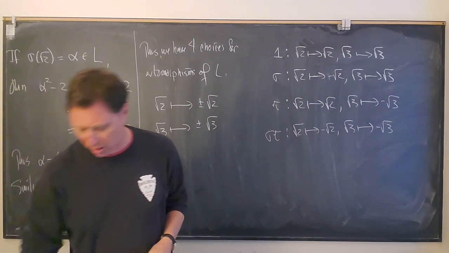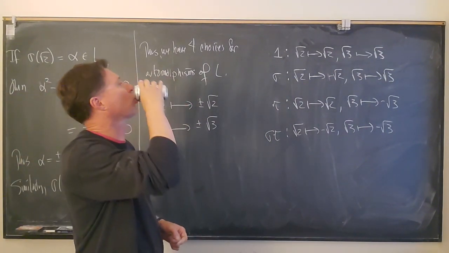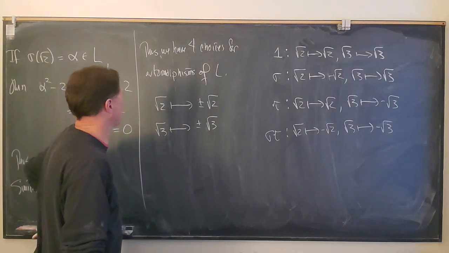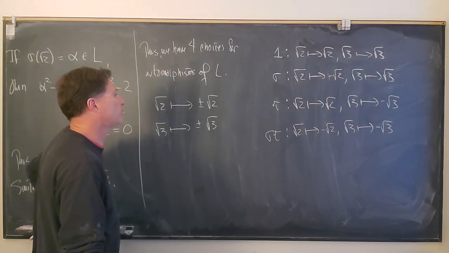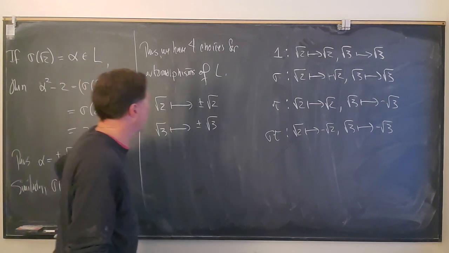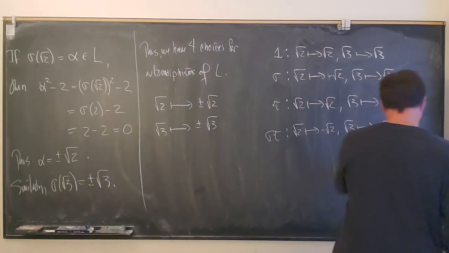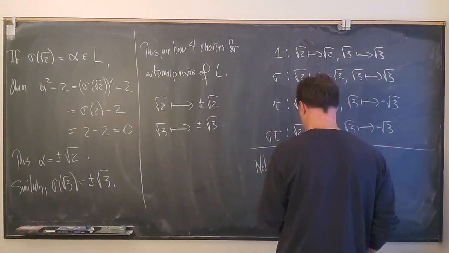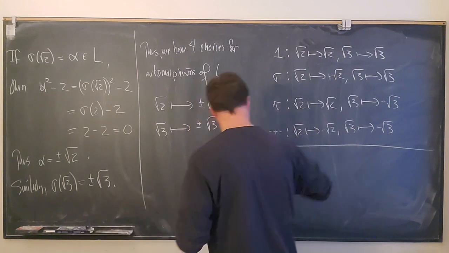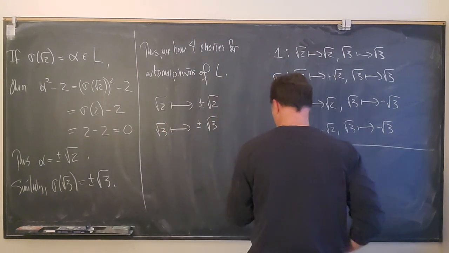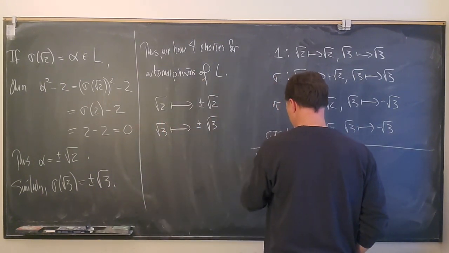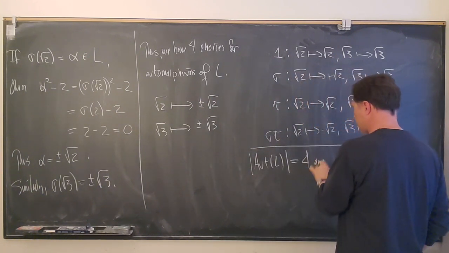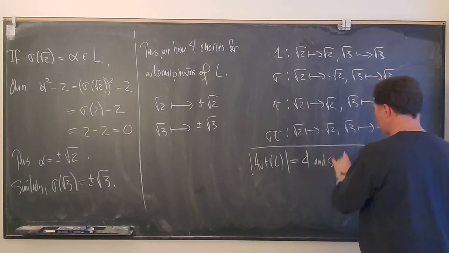And you can check, so let's say it like this. The automorphism group of L is a group of order 4, and so what do we know about groups of order 4?